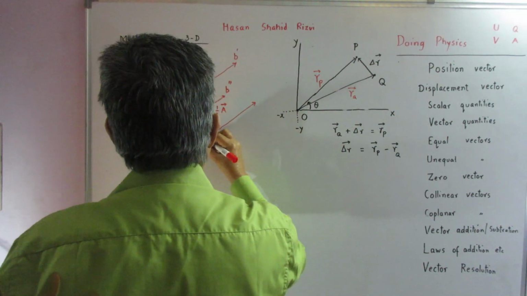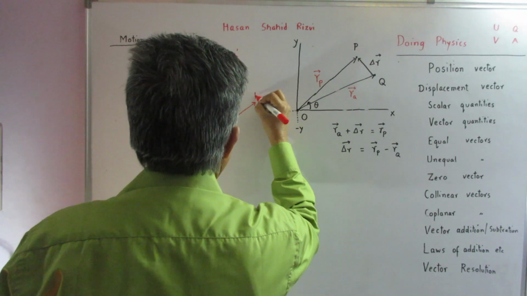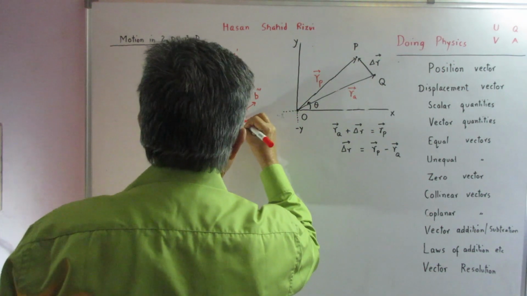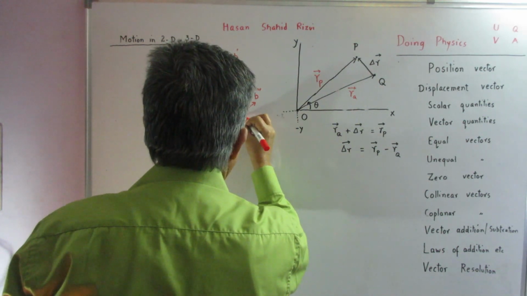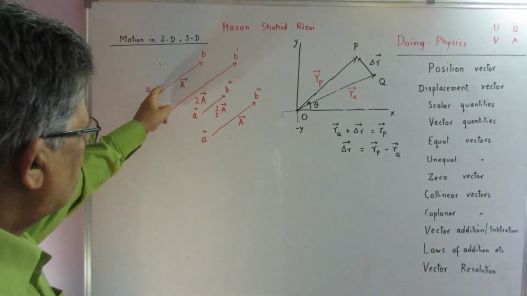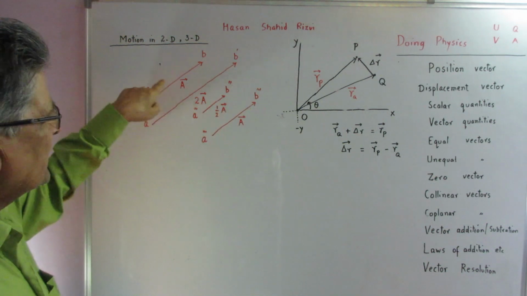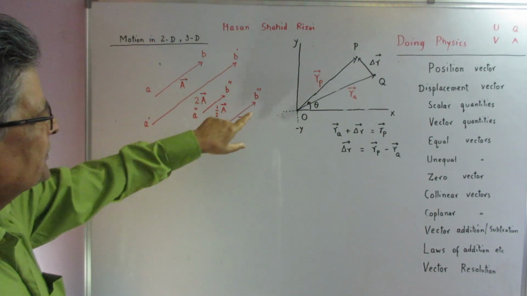Say I call it A triple dash to B triple dash, but you can see that this vector is also equal to A. So a set of parallel vectors, two vectors which have got the same magnitude when the thing is defined.